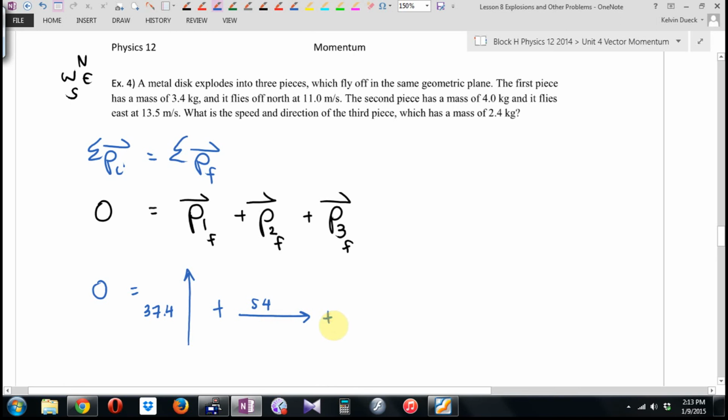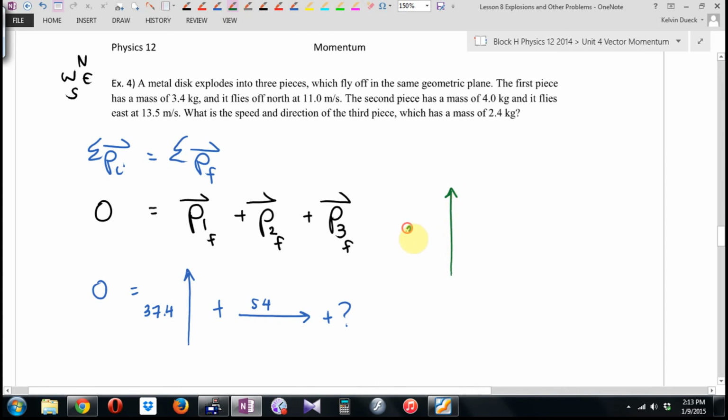Plus, what's the direction of mass 3? Question mark. Okay. Well, I have 3 vectors on the right-hand side. How would I add them tip to tail? So let's draw. I would go like this.